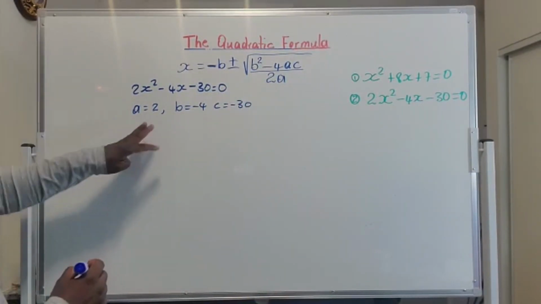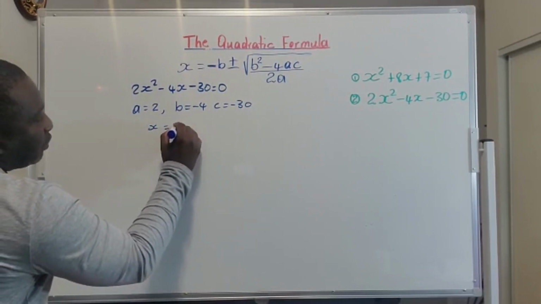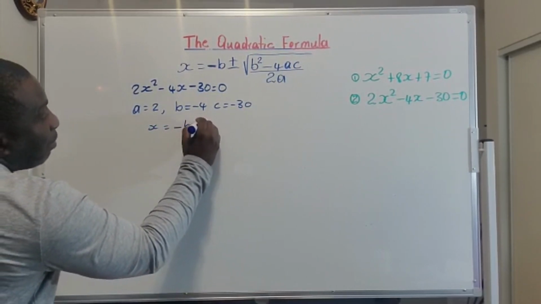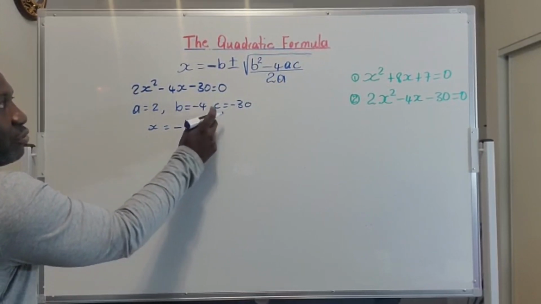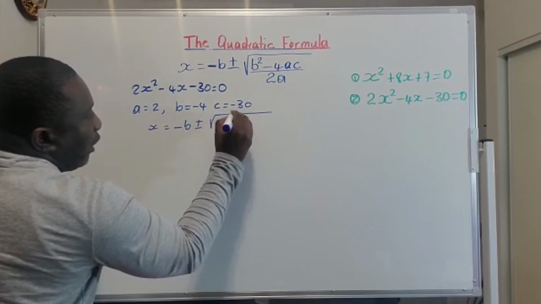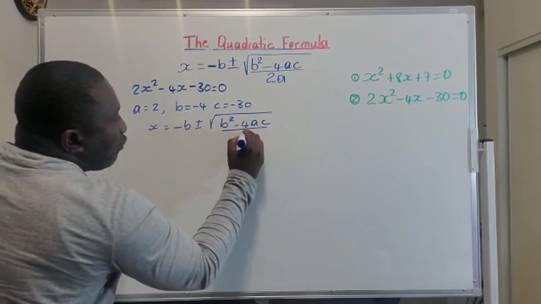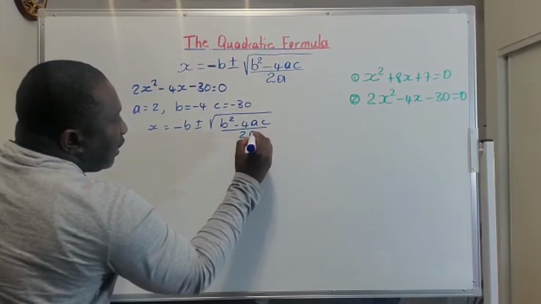Now I'm going to write back the formula, guys. x is equal to negative b plus or minus, I'm maintaining the 2 signs, square root of b squared minus 4ac all over 2a.